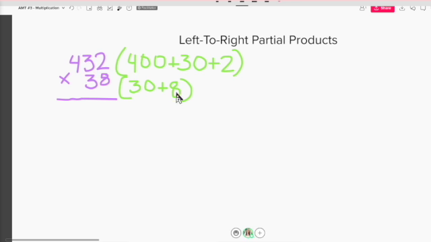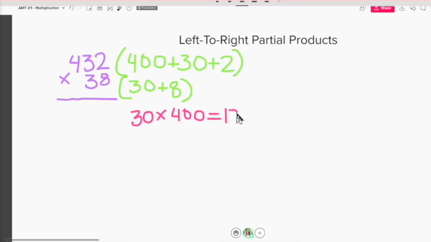The first thing that I am going to do is take my 30 here and multiply that by 400. So I'm going to do 30 times 400. As we know, this just represents 3 tens times 4 hundreds. That's easy. As we know, 3 times 4 is 12.